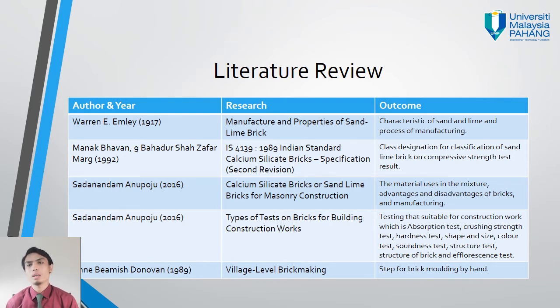Sand must be less than 4.75 mm in particle size, normally river sand. The manufacturing uses mechanical pressure to press the brick at around 31.5 Newton per millimeter square to 61 Newton per millimeter square.